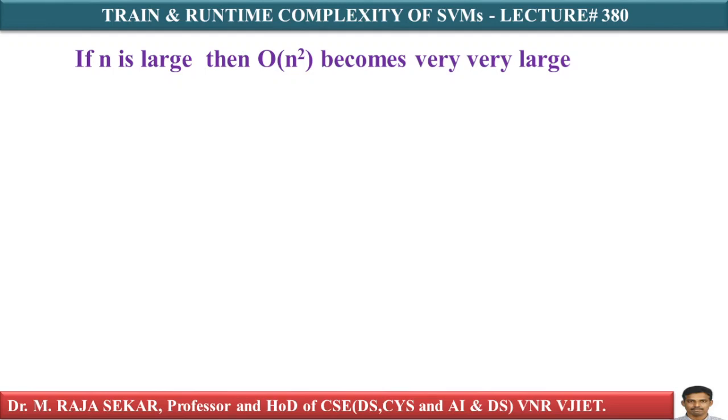N is large means you can think about internet applications, because in internet applications you have millions and millions of data points. Typically, support vector machines are not used when your dataset size is large.